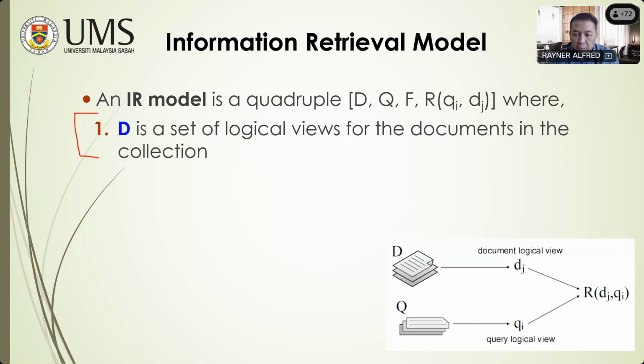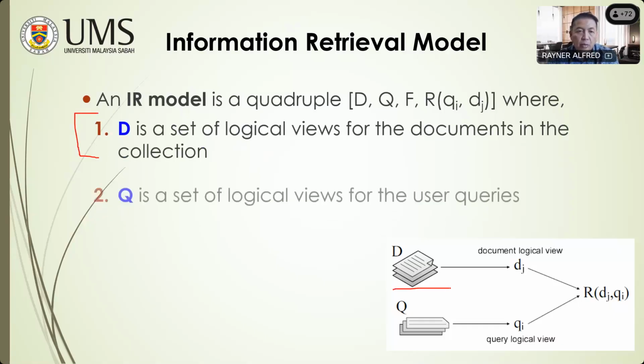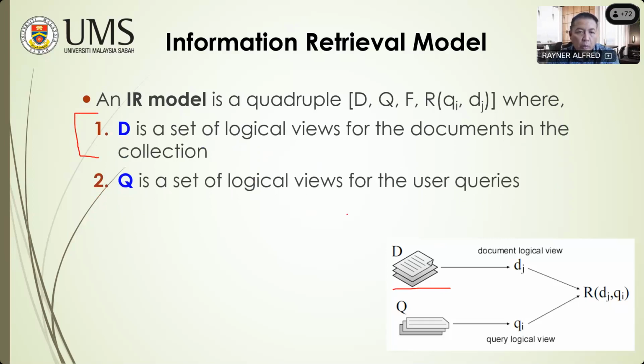So this is your document here. And then we also have the query. So the query must be in a similar representation. So we say Q is a set of logical views. So we will have Q and D here.